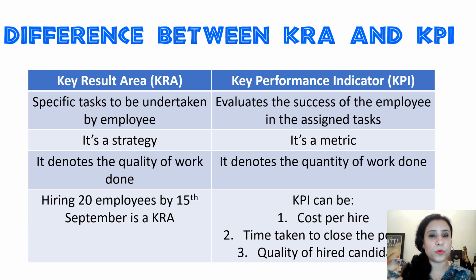So again, if we go by the same example, hiring 20 employees by 15 September, it can be what was the cost per hire, time taken to close the position, and quality of the hired candidate. So it should not happen that just because you had to fill the position, you got any sort of employees, maybe they match the job description, maybe they have the capabilities or not. So all these things will be evaluated by the KPI.